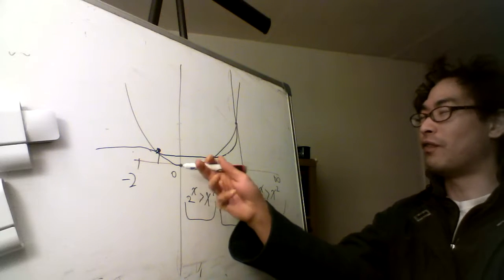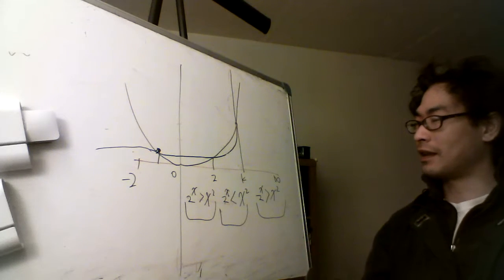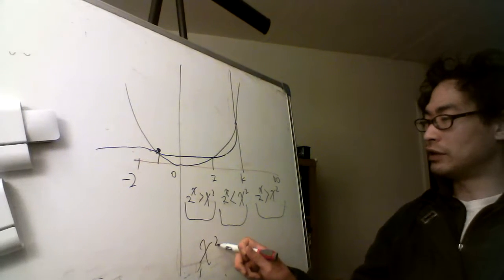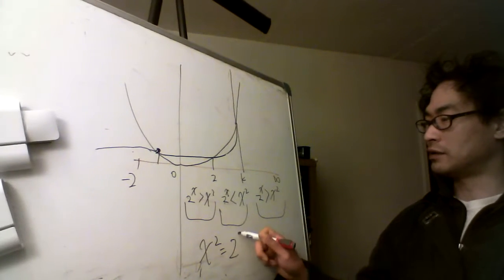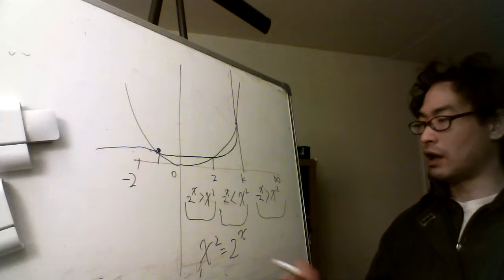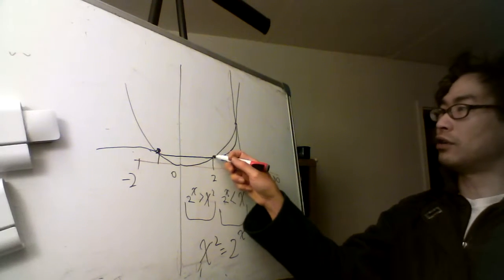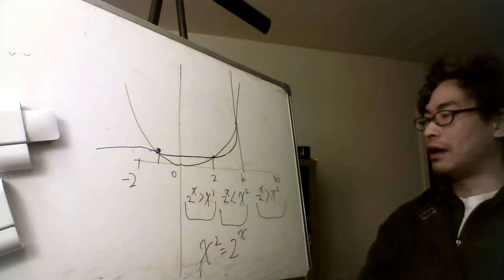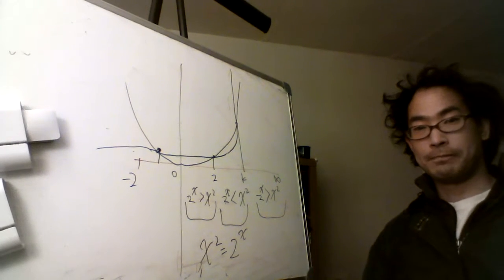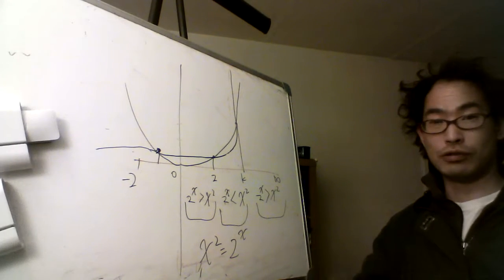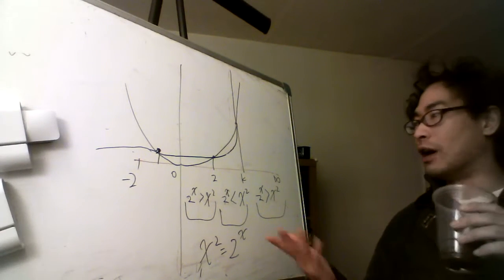We are trying to solve this equation, x squared is equal to 2 to the x. And there have to be 3 intersections. Here, here, here. I don't know how to solve this. Do you? If you're a mathematics major, maybe you do.